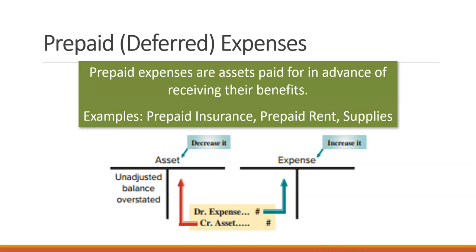We have an asset account with an unadjusted balance. We are going to credit the asset account and debit our expense account for whatever we have used. So if we have used 1 month of insurance, we're going to record an insurance expense and decrease our prepaid insurance the equivalent of 1 month's insurance. The same with prepaid rent: we will record a rent expense and decrease our prepaid rent account by 1 month.